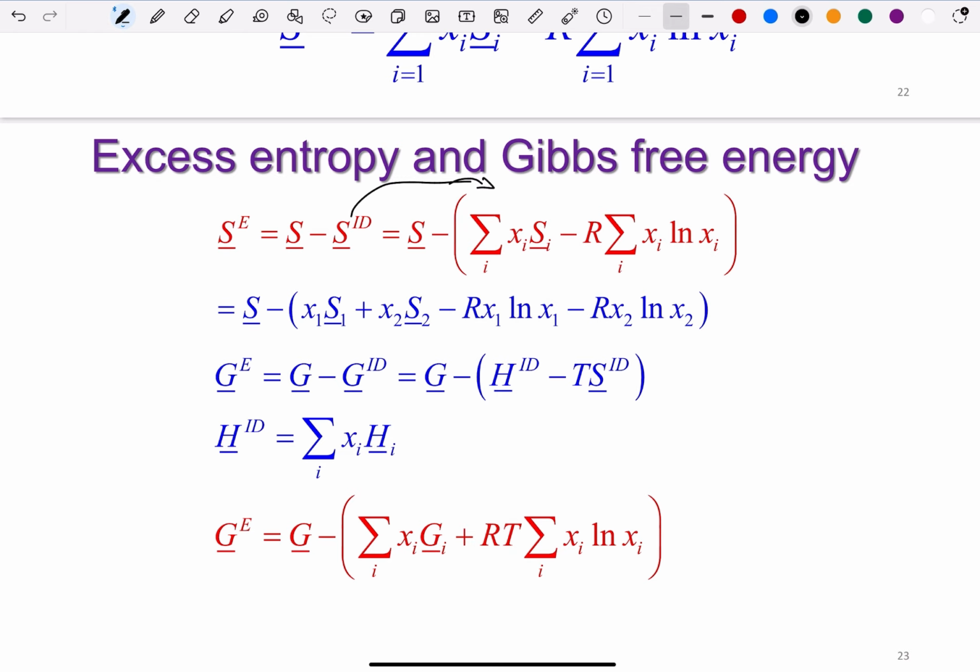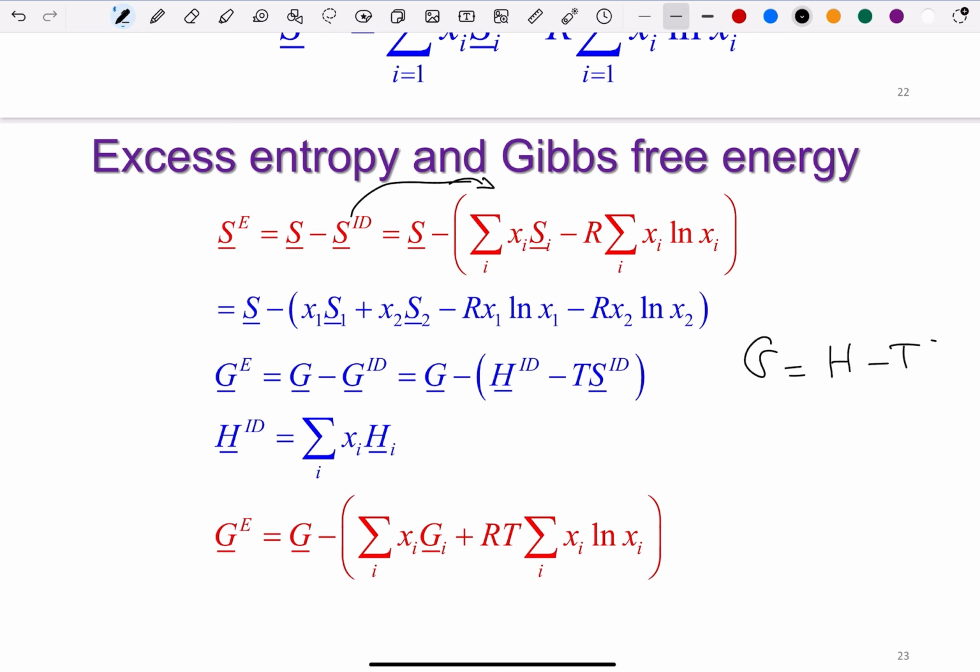All the parameters that involve entropy are not additive, right? So for GXS, you define G minus G ideal, understanding that this G ideal is defined as H ideal minus T S ideal. Okay, so you remember G was what?